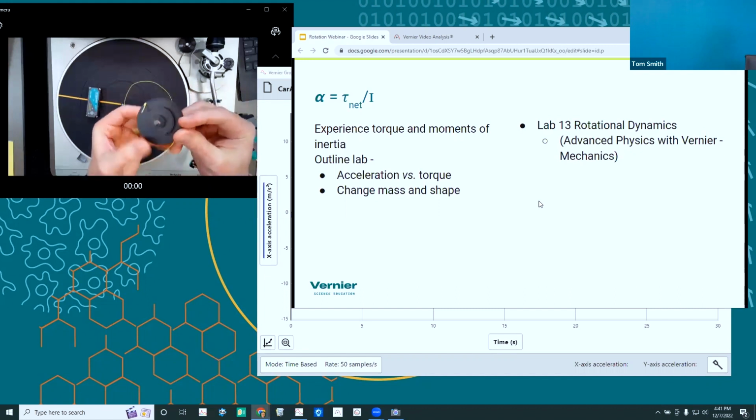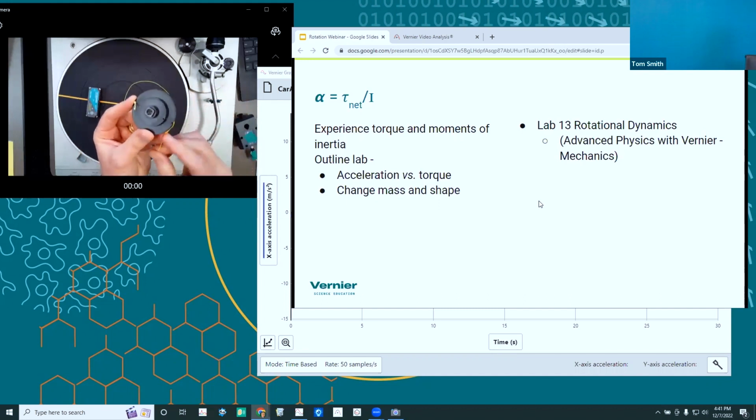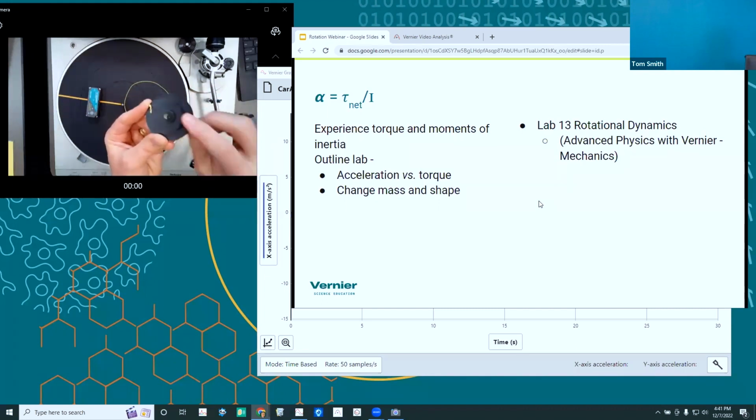That's how the first part of this lab works, actually. The second part of this lab would have you just use the outer ring. So in that case, I'm going to slip my string through that little hole and tie it off. You can tape it as well, but I find that tying it is just more secure.